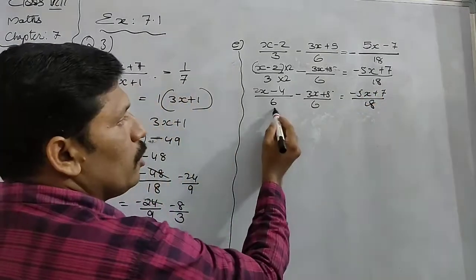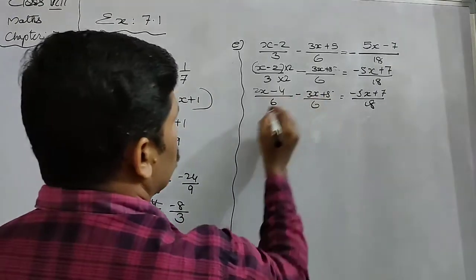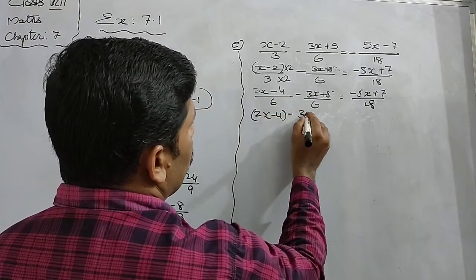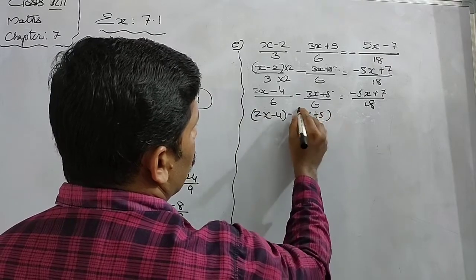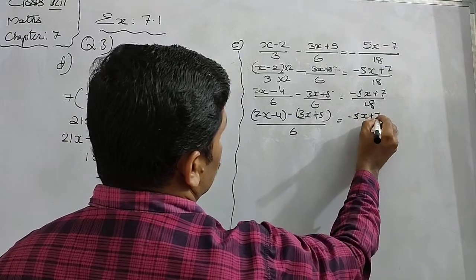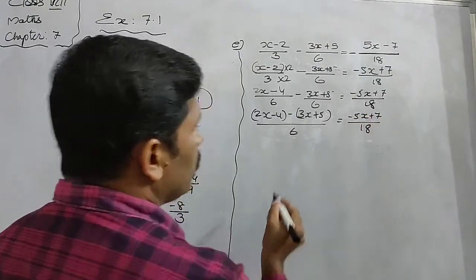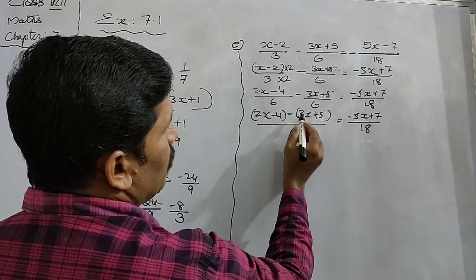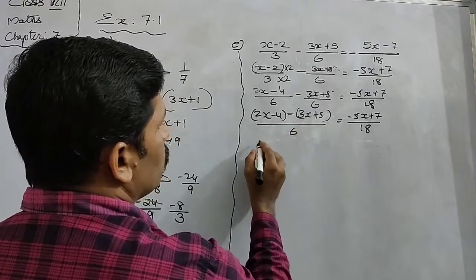And now the denominators are equal, so we can subtract the numerators. 2x minus 4 subtract 3x plus 5 divided by 6 is equal to negative 5x plus 7 upon 18. And here we subtract 2x minus 4, which means for the second number, all symbols we have to change.